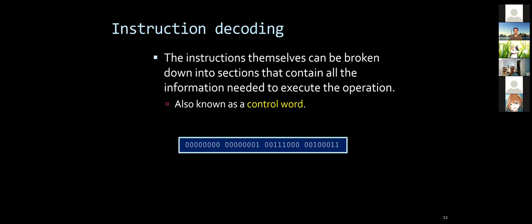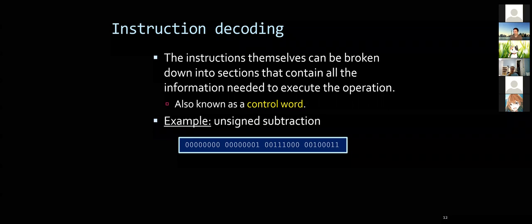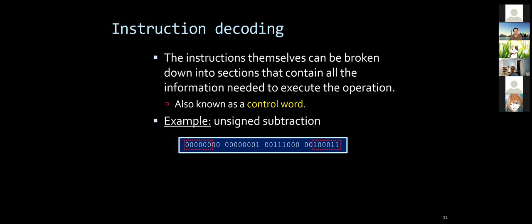So how do we do instruction decoding? The instructions themselves can be broken into small sections. These sections contain all the information needed to execute it, and that is known as the control word. For example, this instruction. It's hard to believe right now, but there's actually an unsigned subtraction here. How do we know?